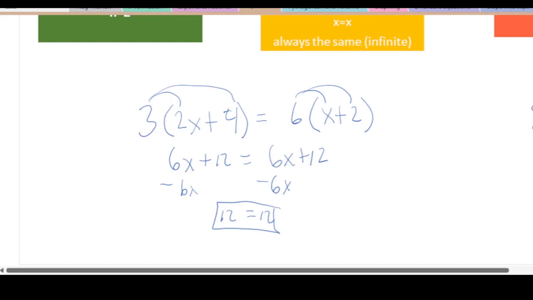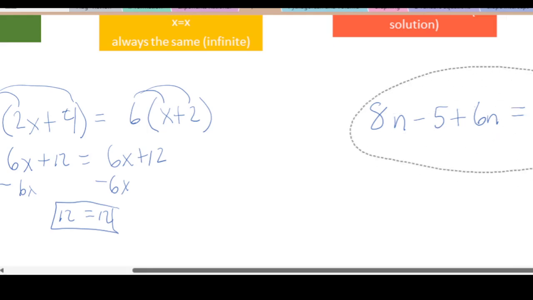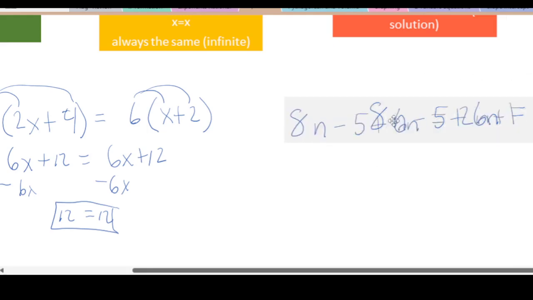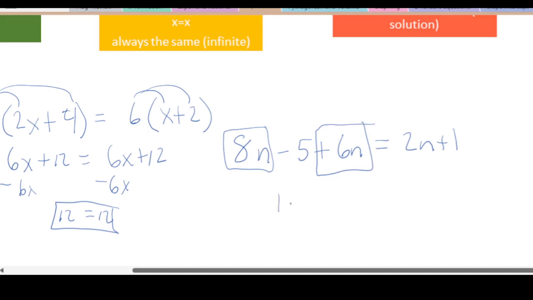All right, and then in this situation, there's nothing to distribute, but I'm going to go ahead and combine my like terms. I have an 8n plus a 6n, and that's going to give me 14n minus 5 equals 2n plus 1.